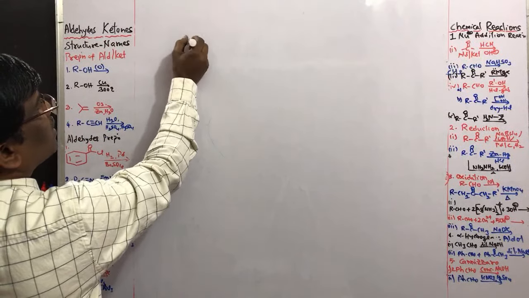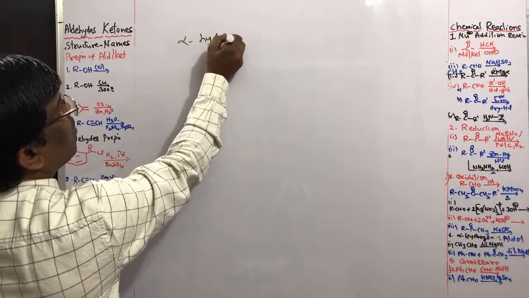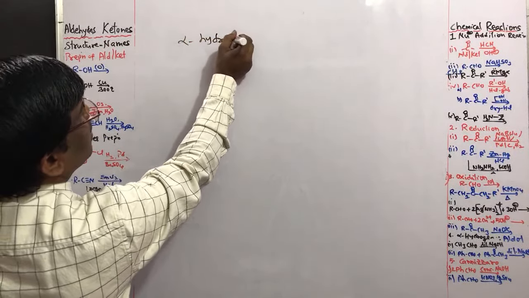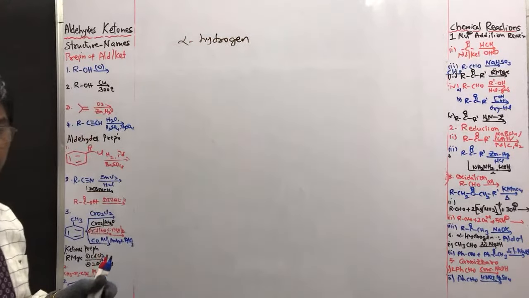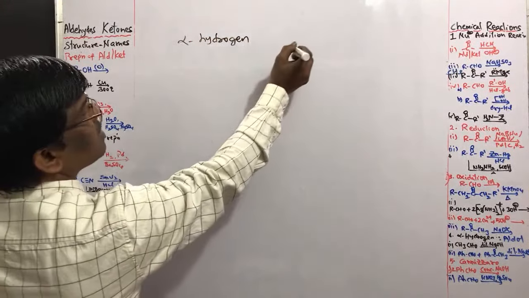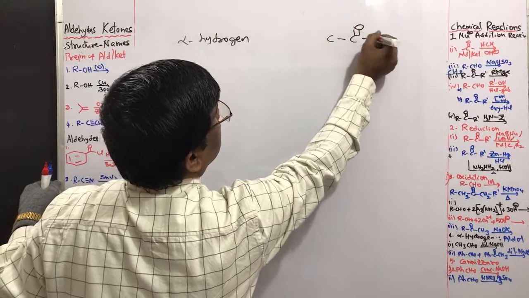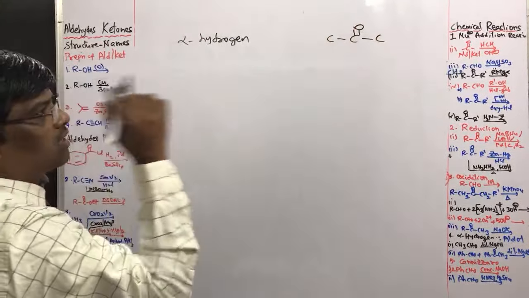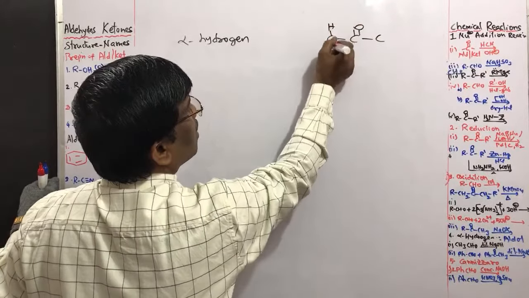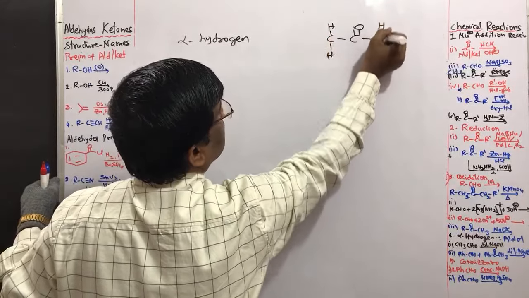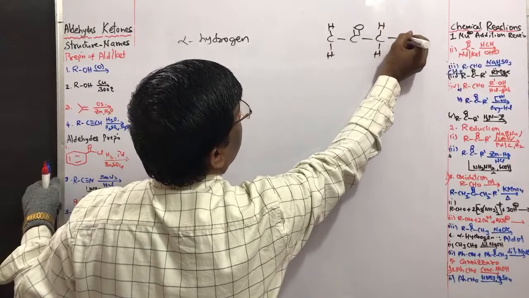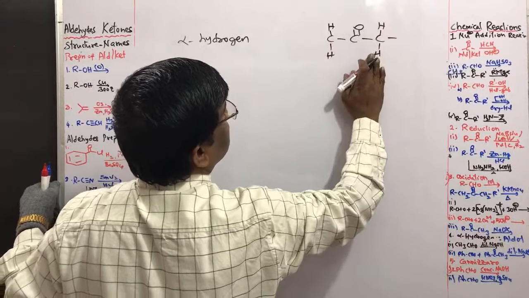So alpha hydrogen containing compounds: the compounds are aldehydes which have alpha hydrogen. What is alpha hydrogen? Yes, so if I take this, this is a compound having alpha hydrogen. It is a ketone having alpha hydrogen.